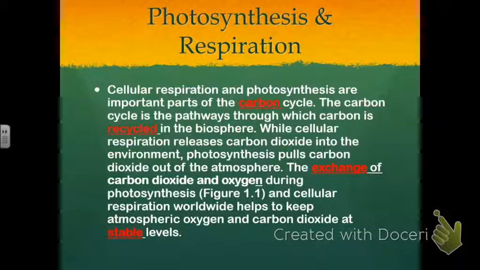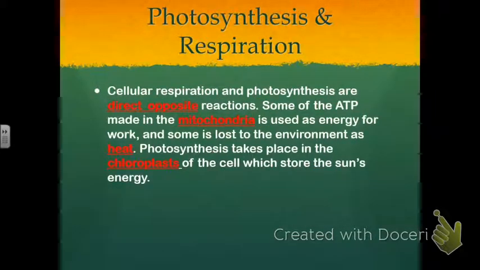And this exchange between the two processes, between the balance of the living things on the earth, those that need oxygen, those that need carbon dioxide, should keep atmospheric oxygen and carbon dioxide at stable levels. However, we are burning fossil fuels at an alarming rate and putting more CO2 into the atmosphere than life on the earth can process. So again, these chemical reactions are inverses or opposite reactions.